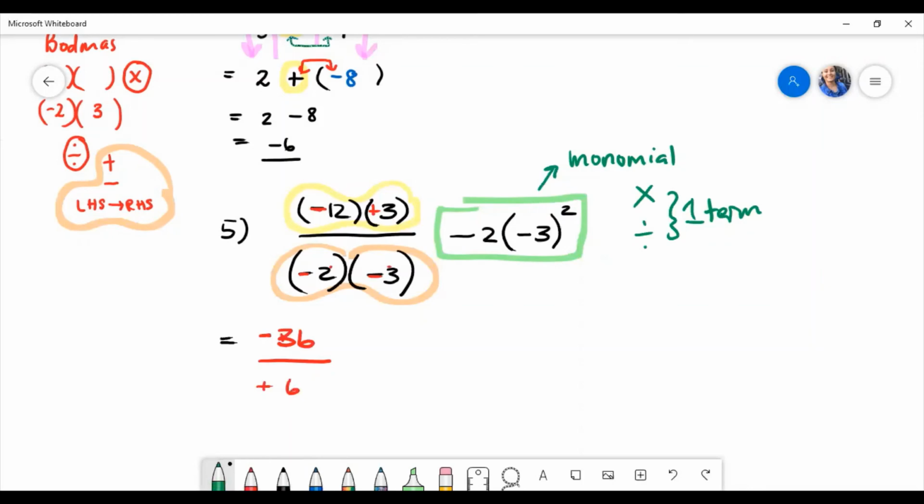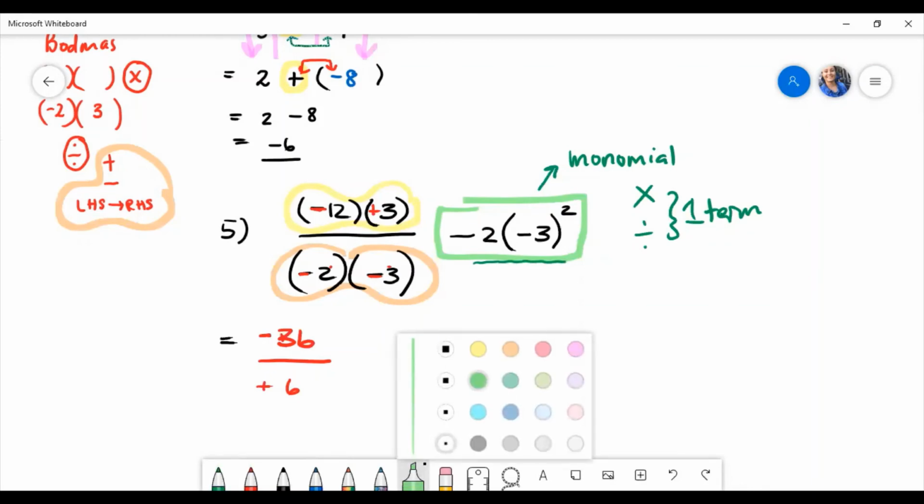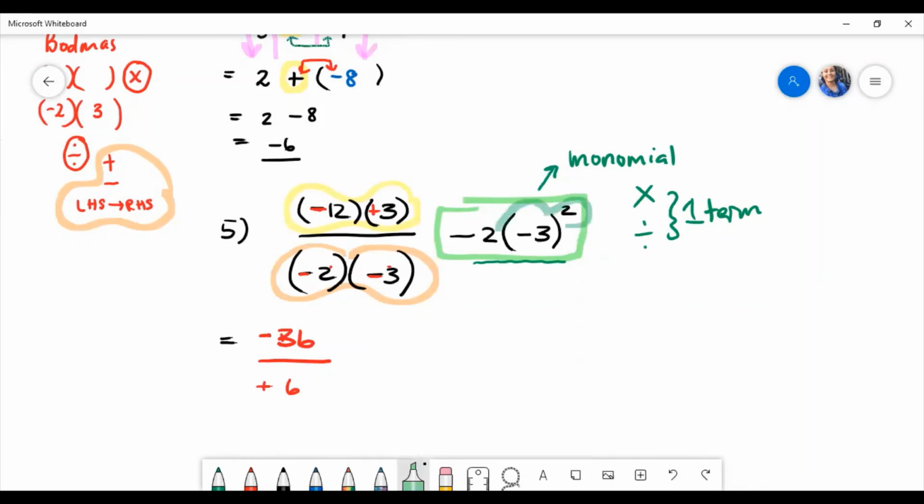Let me now look at what's going on here. I have a rule in maths that whenever I have a bracket that is raised to a power, that bracket takes priority, and that is why Bodmas states what it does. Bodmas reminds us of doing brackets first. And this is in fact a bracket.